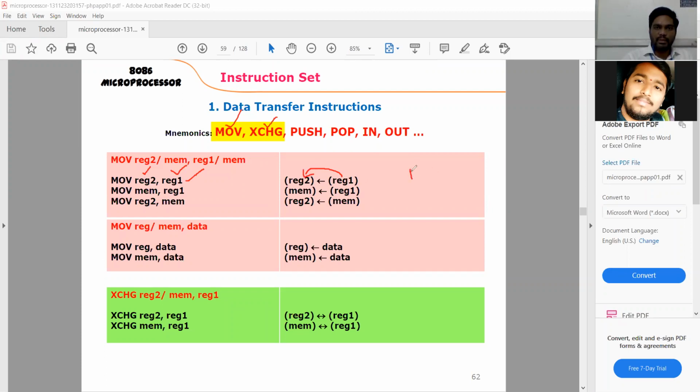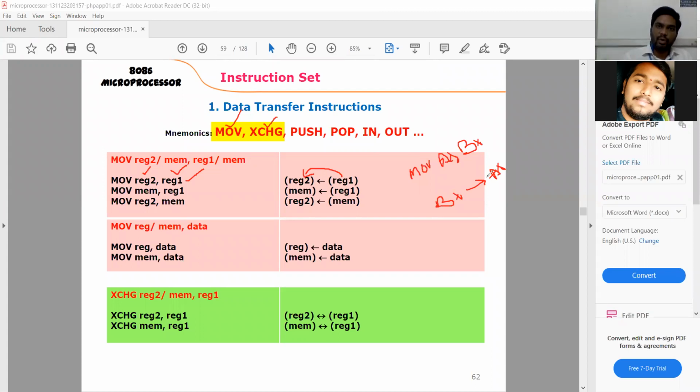For example, let us say MOV AX, BX. That means the data which is present in the BX register will get copied. We just copy the data from the source register to the destination register.